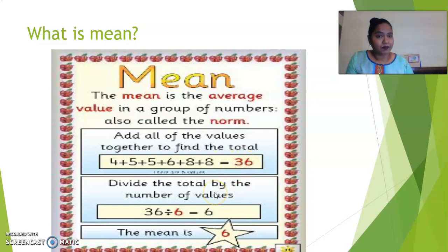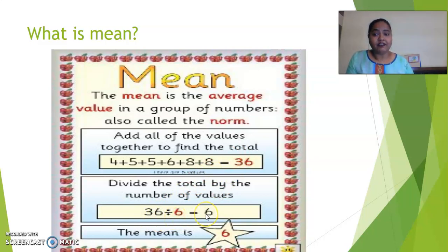The next step to find out the mean is to divide the total by the number of values. How many values did we take? 4, 5, 5, 6, 8 and 8. So what is the number of values? We added 6 values to get 36. So in the next step, we will divide the total, that is 36, by the number of values, that is 6.